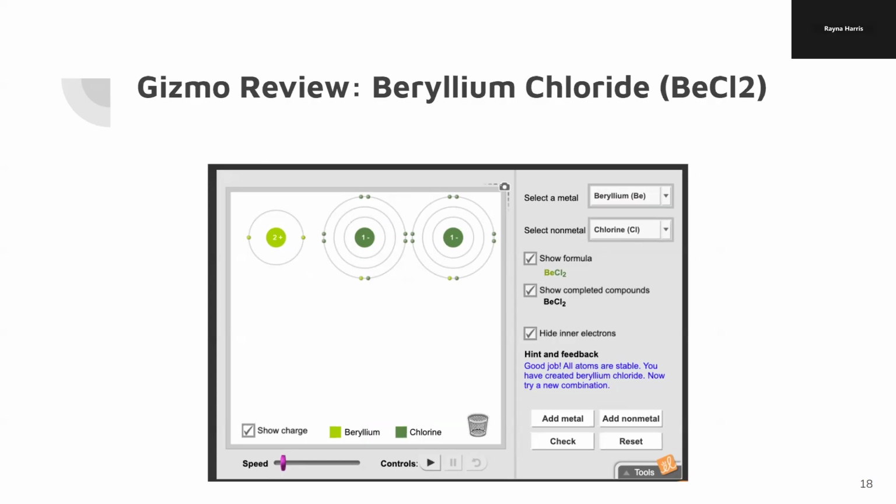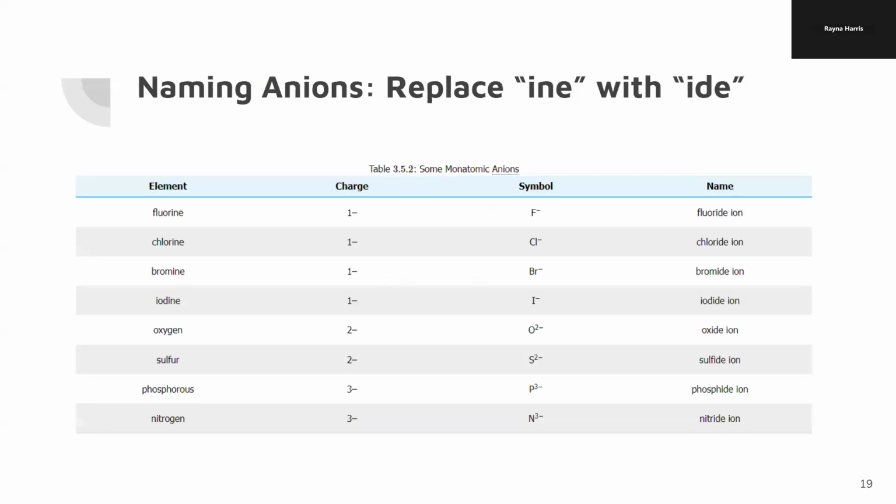Then we went over how some ionic compounds have more than one metal or more than one nonmetal. What's the molecular formula of beryllium and chloride? BeCl2. For every one beryllium ion, there are 2 chloride ions.